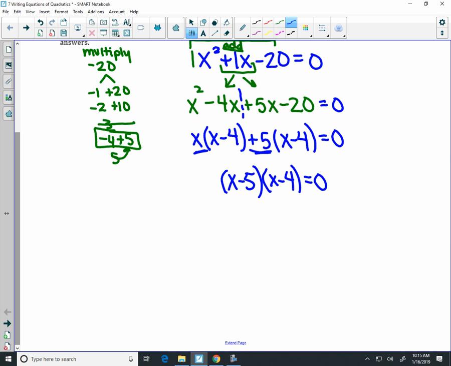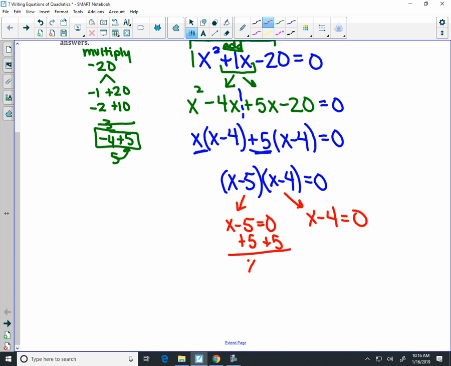And then, if that's my factored form, to find my solutions, I just take those little guys and set them equal to 0. So here I switch the sign, or add 5 to the other side to find the solution, x equals 5.